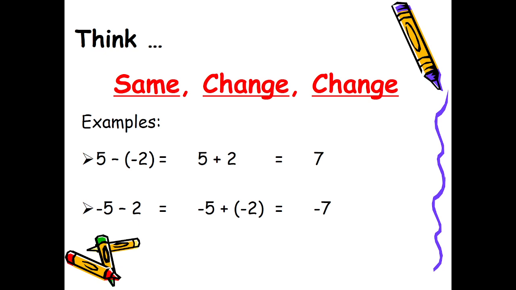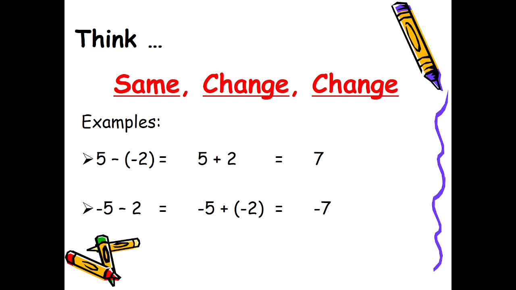We change the sign. We get the opposite of our second number. In this case, it's negative 2, and getting its opposite, we get positive 2. Now, our subtraction problem becomes an addition problem this time. It's now 5 plus 2. Remember, originally it is 5 minus negative 2, and now it's 5 plus 2. And since you already know addition of integers, 5 plus 2 is equal to 7 or positive 7.